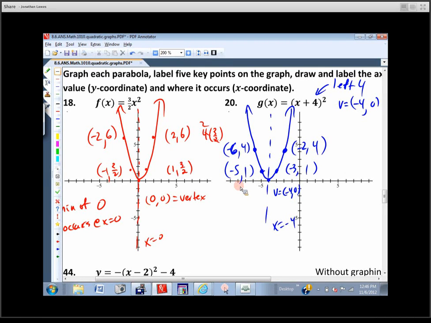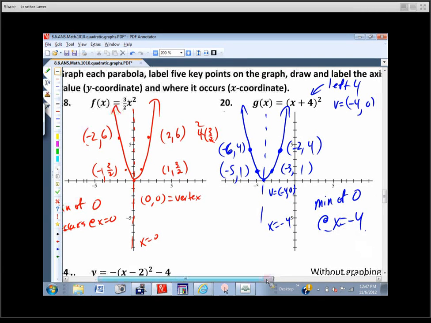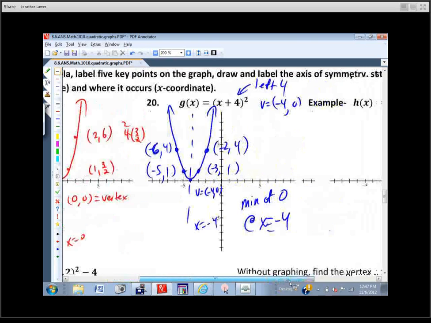Any questions? Can you do them that fast when they're nice whole numbers like this? Okay. Max or min? Min of 0 at x equals -4. Any questions?